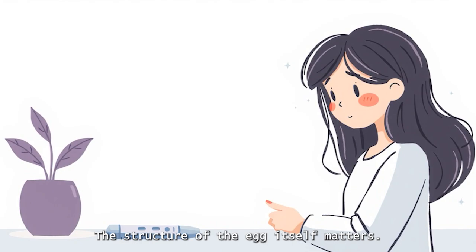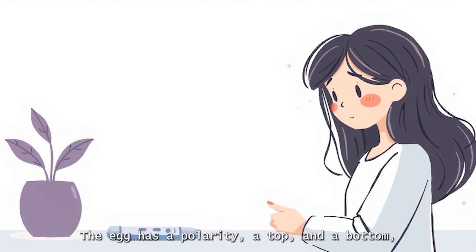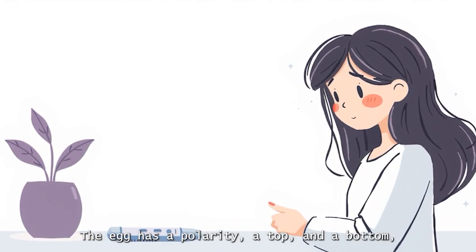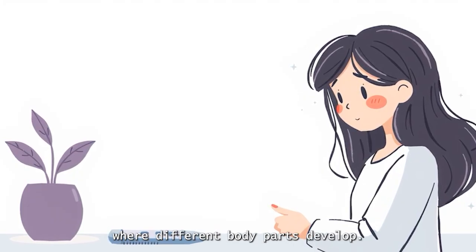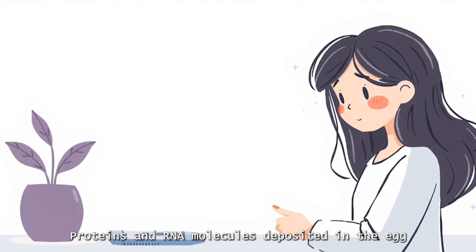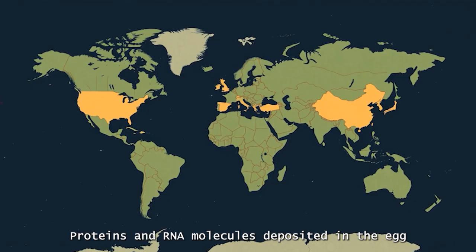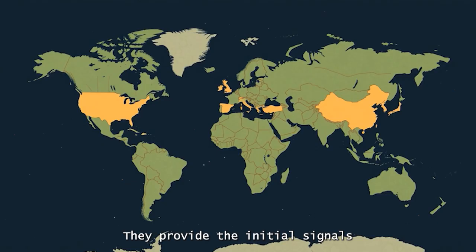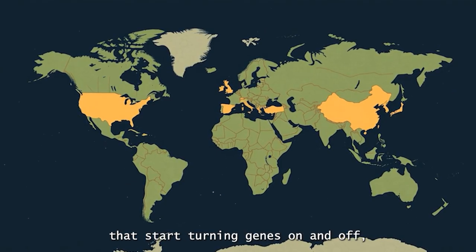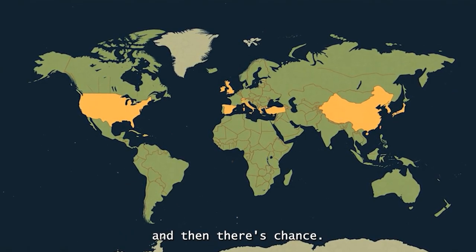The structure of the egg itself matters. The egg has a polarity, a top and a bottom, and that polarity influences where different body parts develop. Maternal factors, proteins, and RNA molecules deposited in the egg by the mother also play a role. They provide the initial signals that start turning genes on and off. And then there's chance.